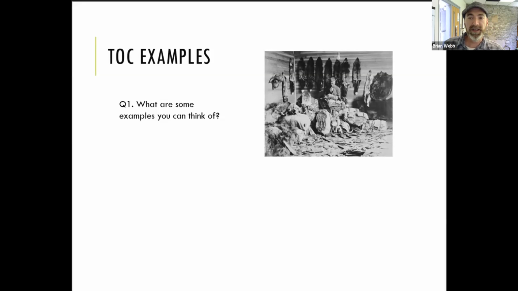There was no way to exclude more fur traders from going in there and trapping beavers, and there's plenty of financial incentive for them to do so. And nevertheless, the more fur traders went in there, the more the resource, beaver pelts, was subtracted from. There were fewer of them available. So you can see how that leads toward a degradation of the resource itself.